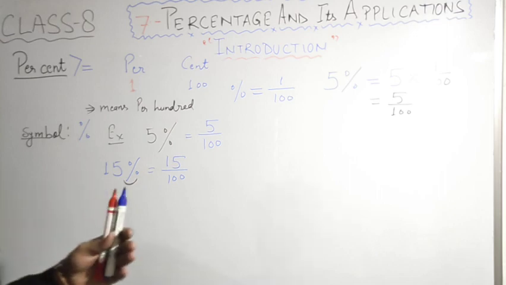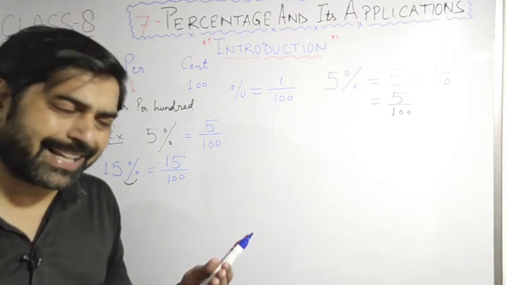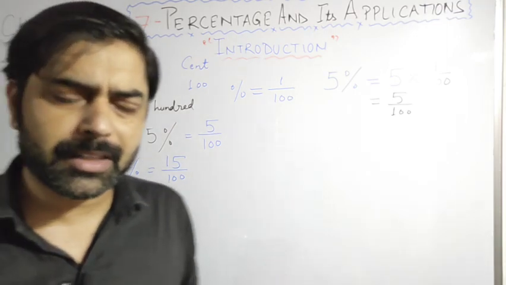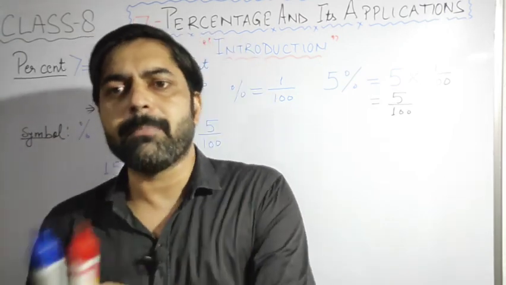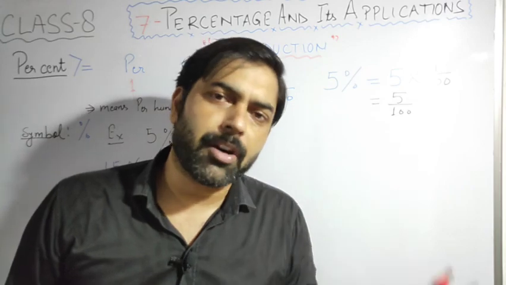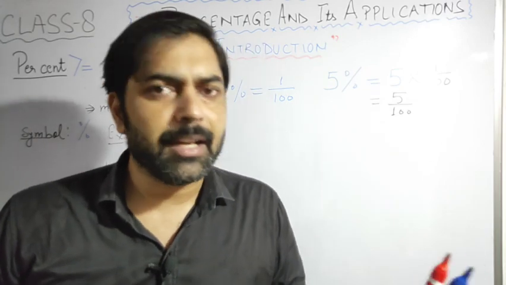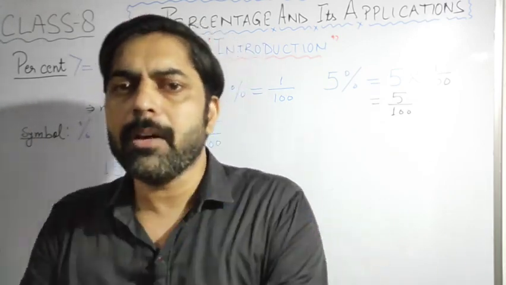So now we have some rules for how we can convert. The next topic is how we can convert any percentage into decimal and fraction, or any fraction and decimal into percentage, and how we can write any fraction as a ratio and a ratio as a fraction.